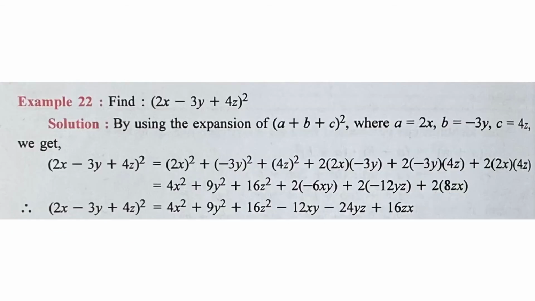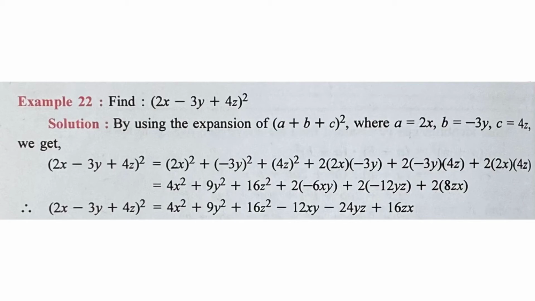Next is find (2x - 3y + 4z) whole square. Now here also we have to apply the formula (a + b + c) whole square. Our a is 2x, b is minus 3y, because in the identity it is a plus b plus c. So here b is minus 3y and c is 4z.